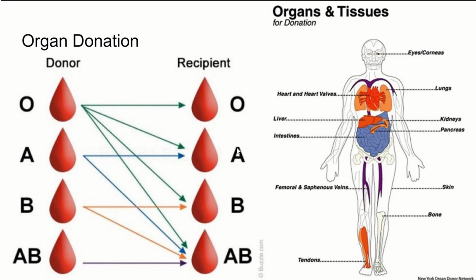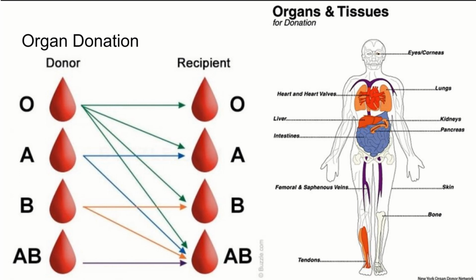So you are probably familiar with blood types. Blood types have a huge impact on the immune system because red blood cells don't carry MHC class 1s. They have their own set of proteins that identify them as part of one's own body, I should say.